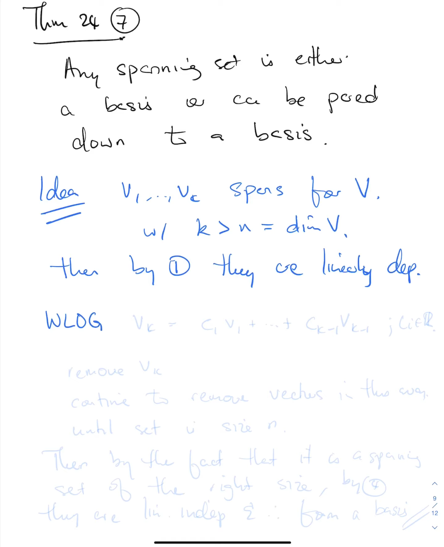Without loss of generality, let's just say one of them can be expressed in terms of the others. So let's say Vk is equal to C1 V1 plus dot dot dot plus Ck minus 1 Vk minus 1, where the Ci's are real numbers. We're going to remove Vk. We're going to continue to remove vectors in this way until the set is size n.